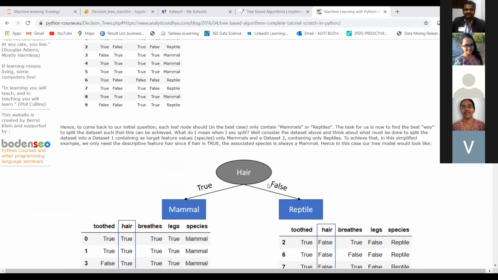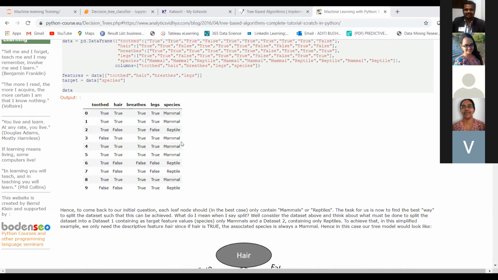Okay, so let's say we have this data. This is our data. We have to classify whether that particular animal belongs to the species of mammal or reptiles. This is our task, and we have some features with us: whether that animal has teeth or not, whether it has hair or not, whether it breathes, and whether that animal has legs or not.